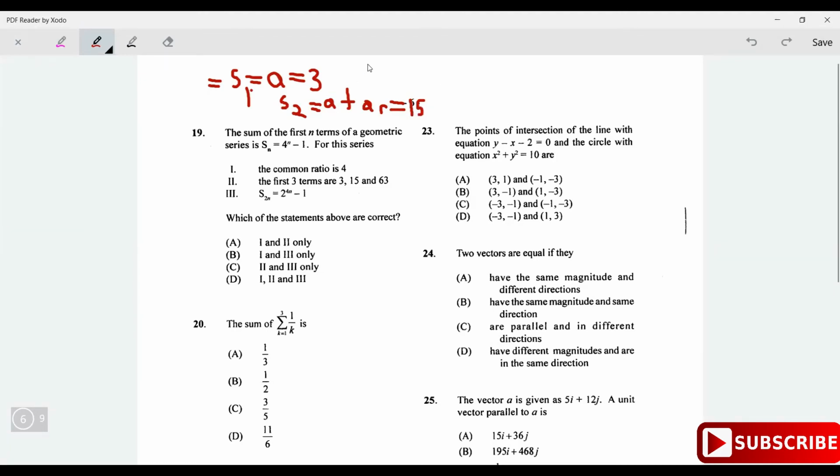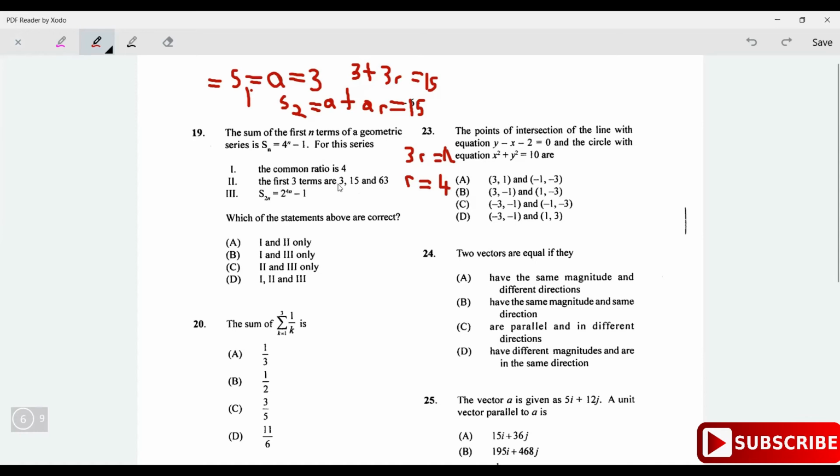This is telling us that 3 plus 3R is equal to 15. And so when we carry over 3, we're getting 3r equal 12. And if 3r is equal to 12, we divide both sides by 3 to get r equal 4. So r equal 4 is true. Number 1 is correct. Nice.